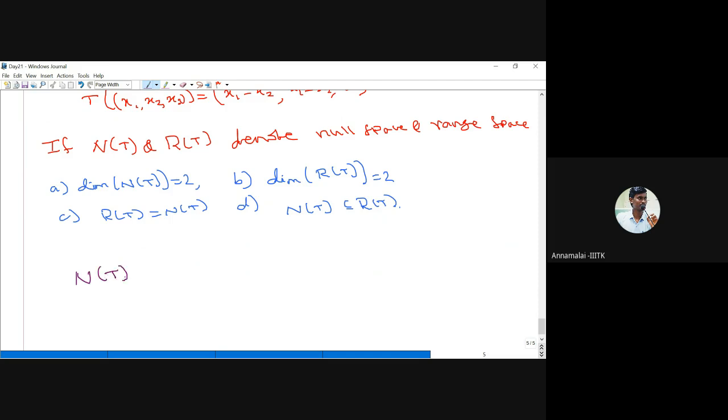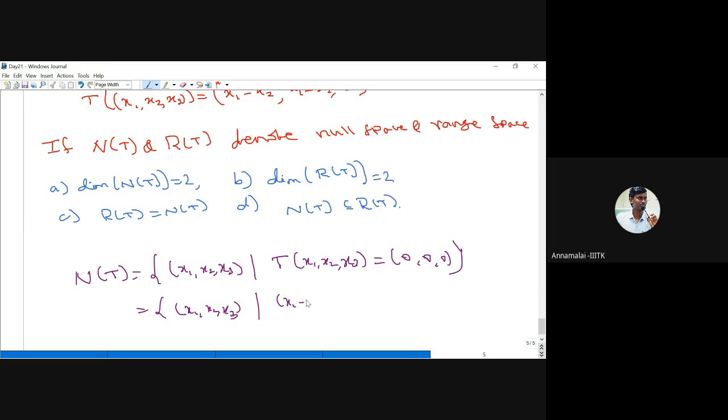So N of t is nothing but the set of all ordered triples x1, x2, x3 such that t of x1, x2, x3 is 0, 0, 0. Now this is equal to the set of all x1, x2, x3 such that t of x1, x2, x3, which is x1 minus x2, x1 minus x2, 0, equals 0, 0, 0.